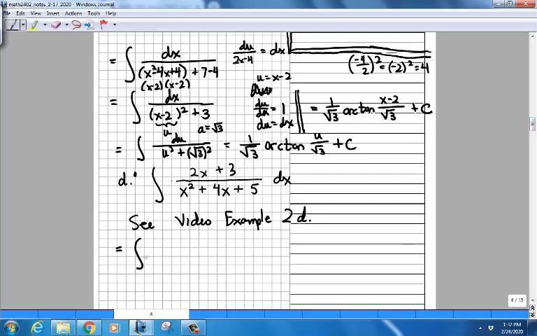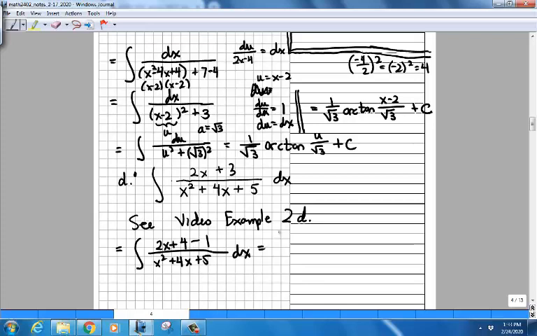I'm going to rewrite this top, so bear with me for a minute because it's not going to stay like this for long. I'm going to rewrite the numerator as 2x plus 4 minus 1, because isn't 3 equal to 4 minus 1? Okay, over all of this, x squared plus 4x plus 5.